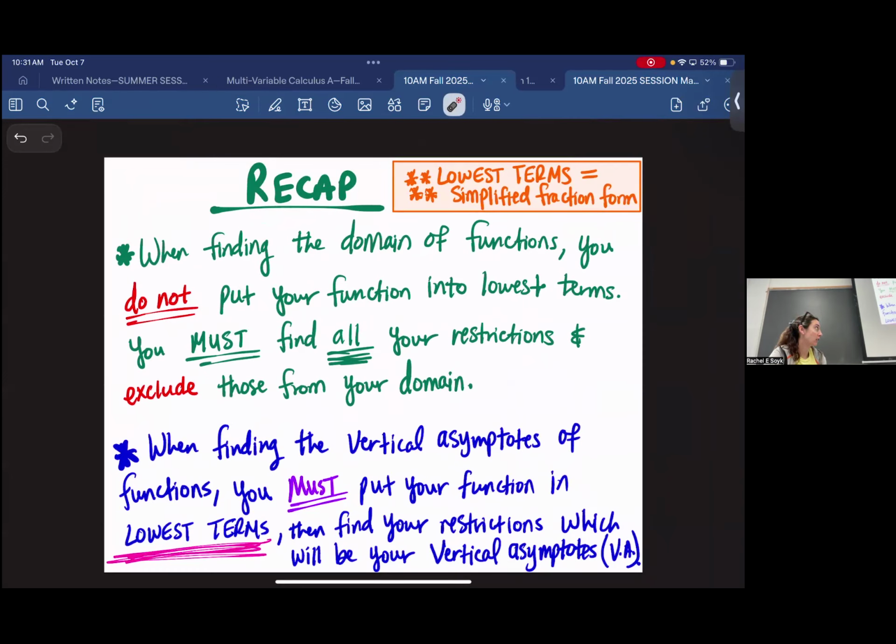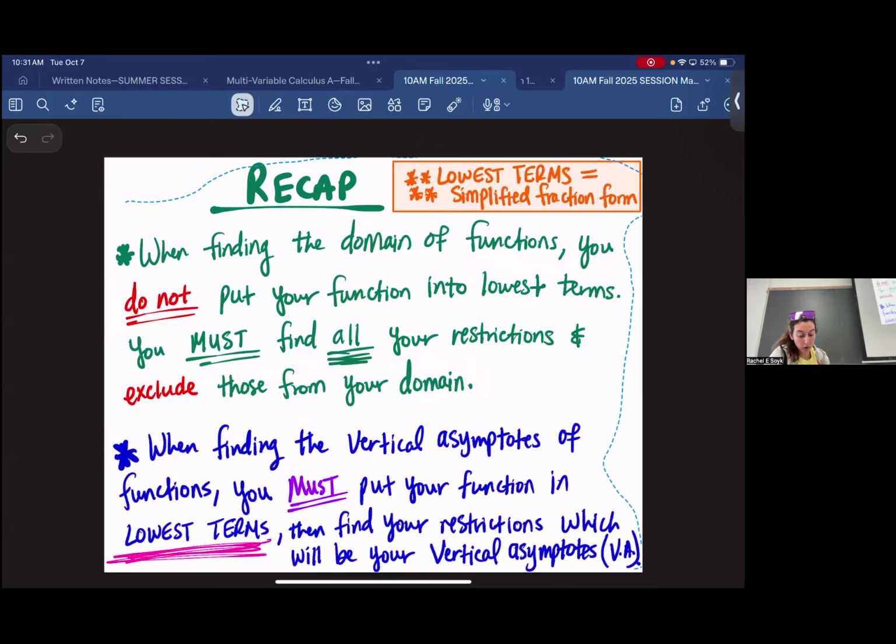You don't want to put your function into lowest terms. You want to look at your denominator and figure out all of your possible restrictions and then exclude those from your domain.